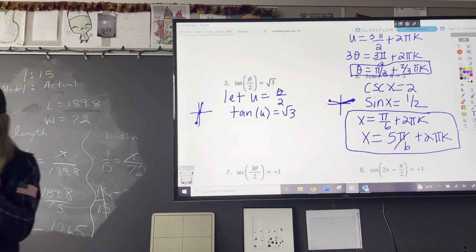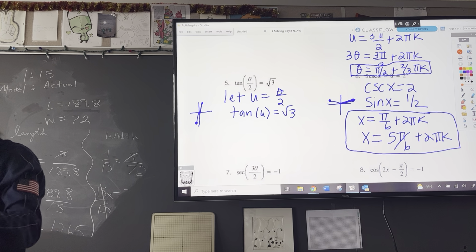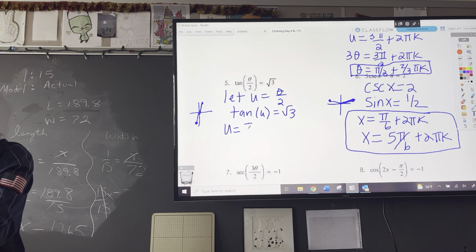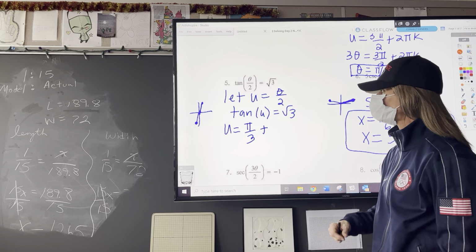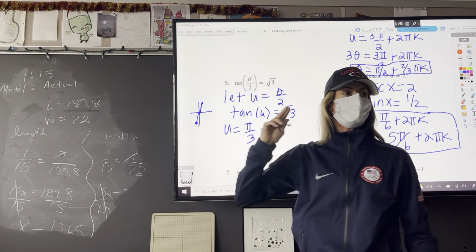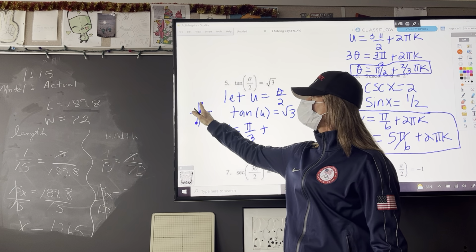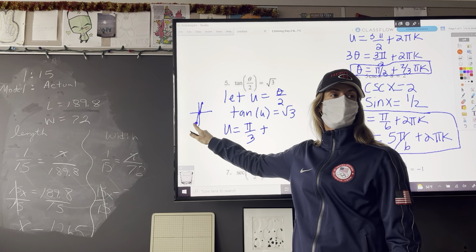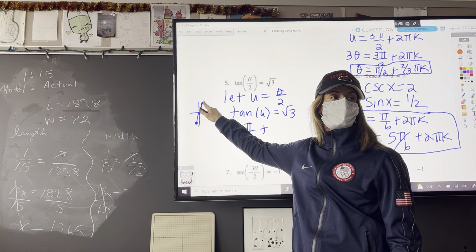All right, so where am I at? So let me write this as u equals pi over 3 plus, now, instead of writing multiple solutions here, I know that the distance from this solution to this solution and then from this solution back to the original solution is the same.